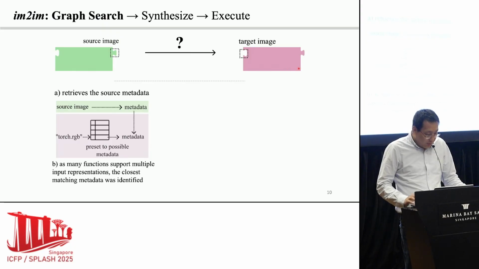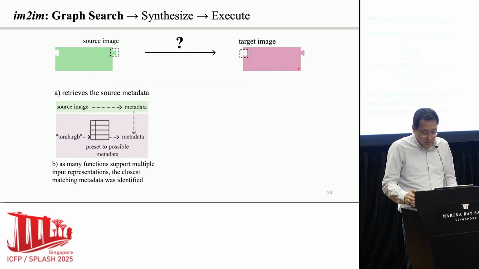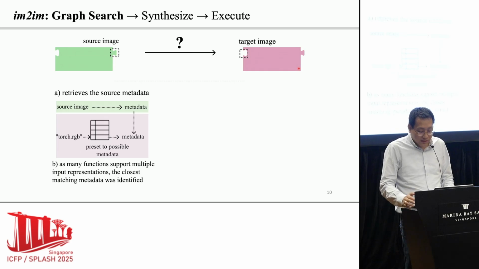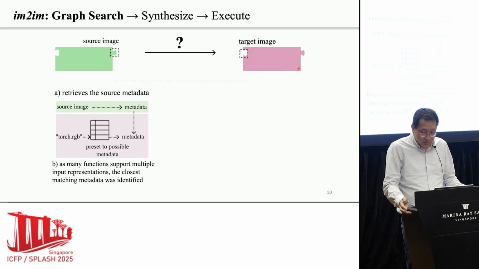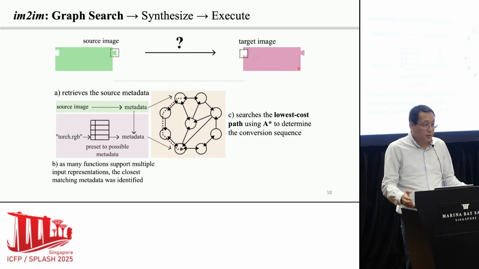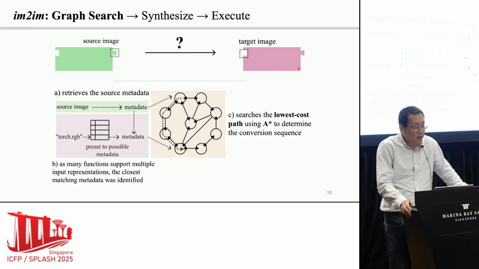Then, because in Python and other languages many functions can accept multiple image formats, the system identifies the closest matching metadata for the target operation based on the preset. With both the source and the target metadata identified, we use A* search to find the lowest-cost conversion path between the source and the target metadata nodes.